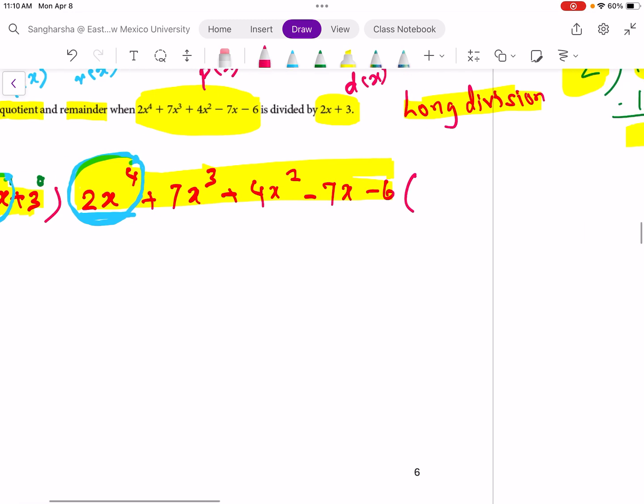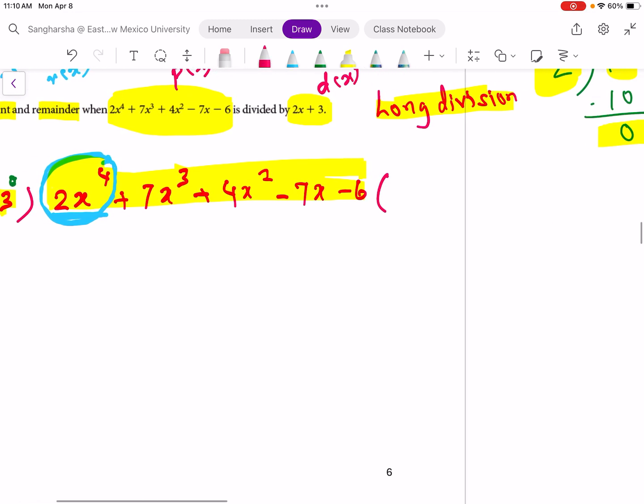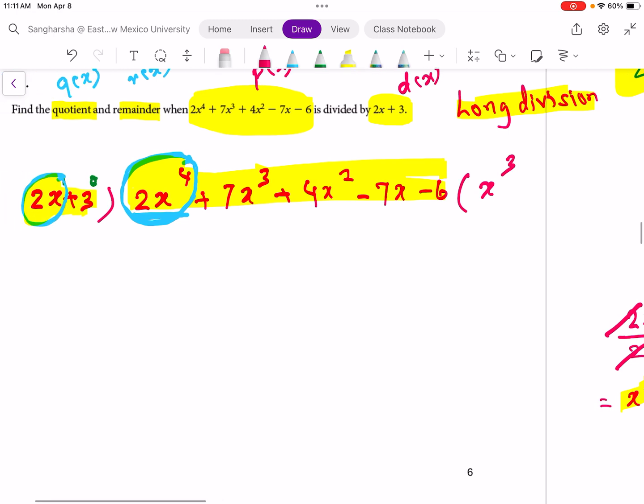Now what is 2x to the power 4 divided by 2x? The 2s cancel, right? x to the power 4 divided by x is x cubed. And this x cubed is the first term of our quotient. So we write here x cubed.